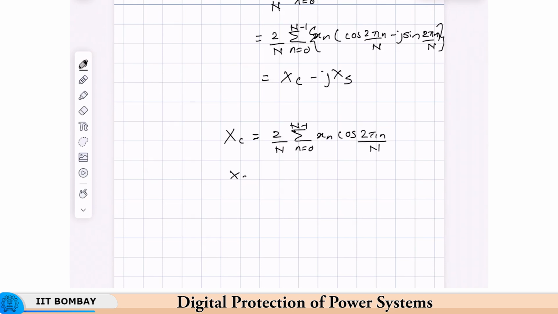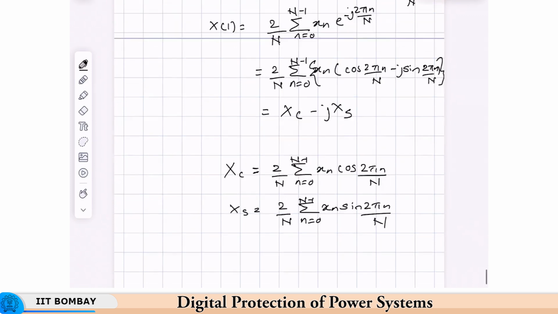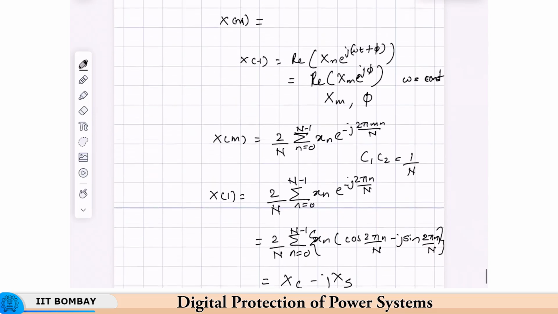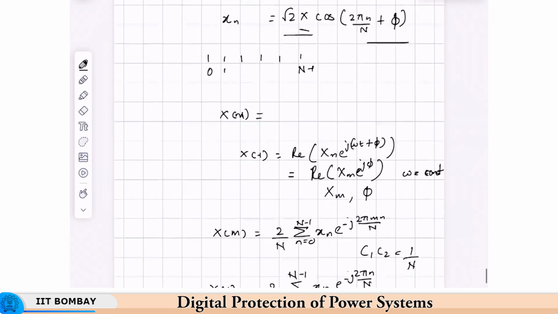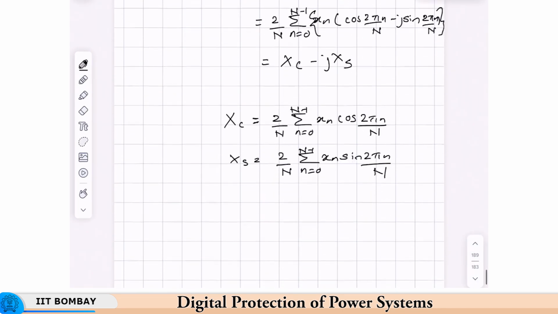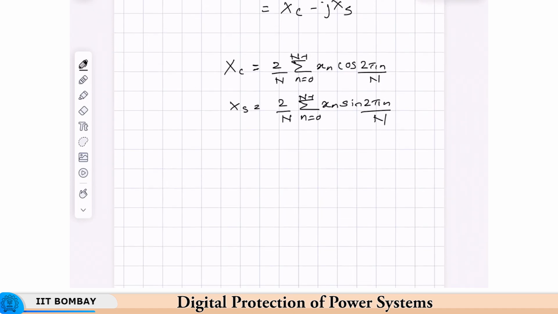And Xs is the same, but with a sine term. Now, what is the xn? Xn is what we have earlier seen here. So, now we will plug in that value of xn and find out what Xc and Xs evaluate to.